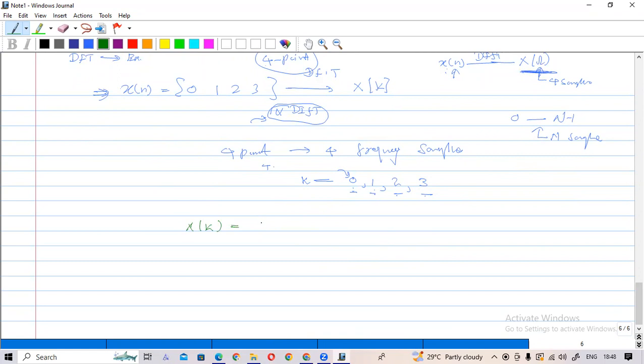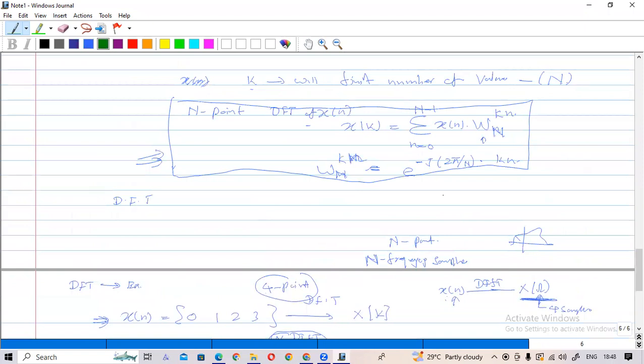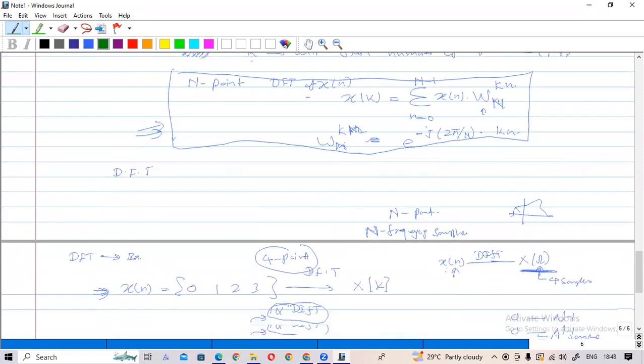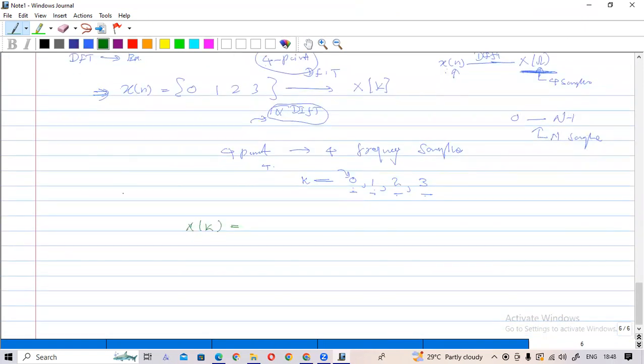That is, sigma n from 0 to N minus 1, x[n] W_N^{kn}.